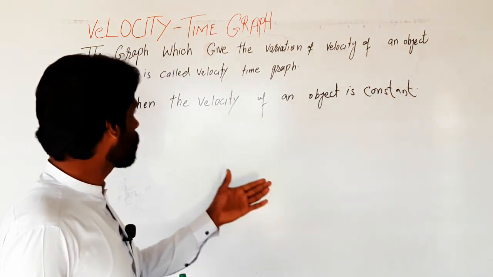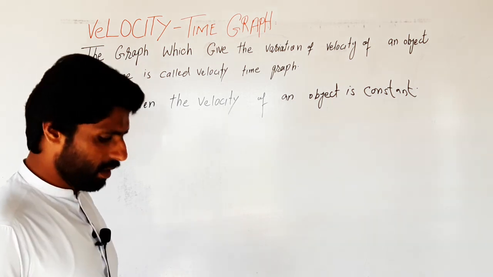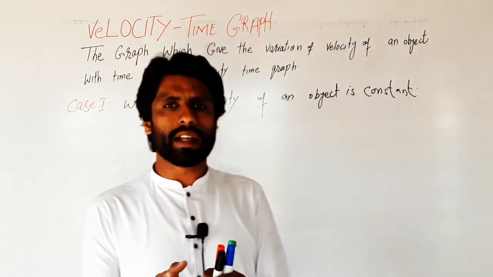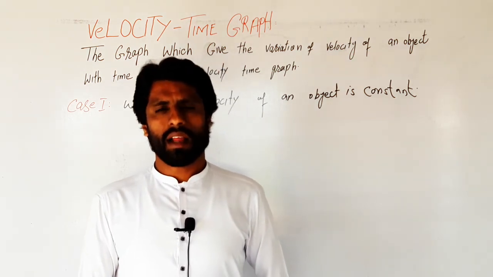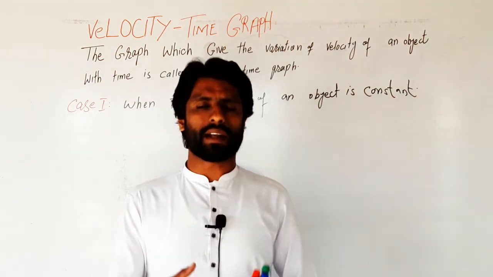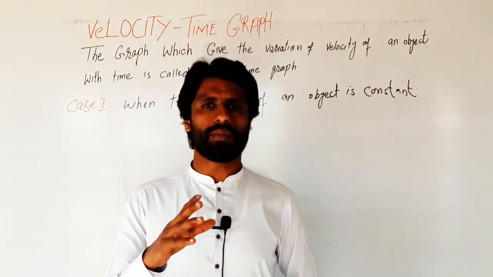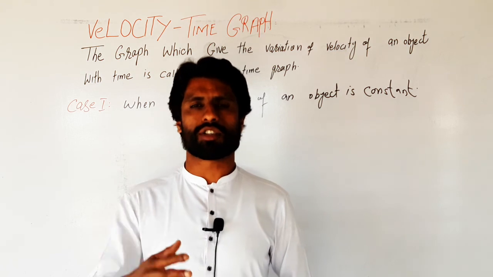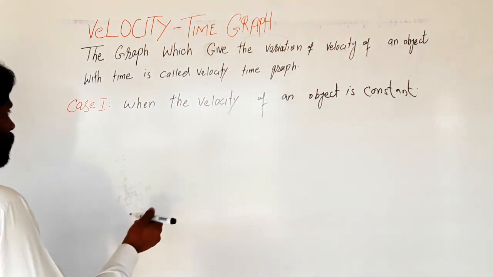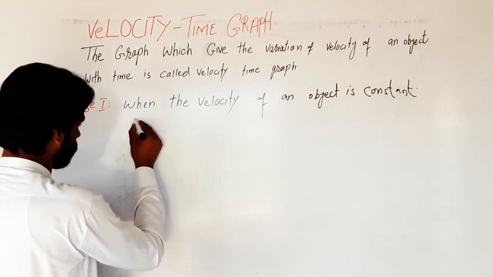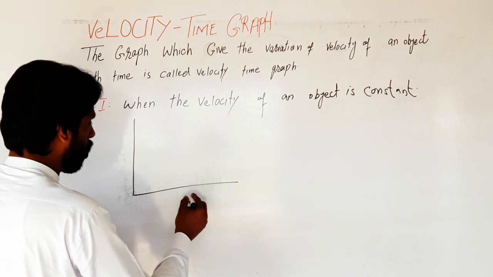Here we will discuss this case, when the velocity of an object is constant. It means that over equal intervals of time there is no effect on the velocity of the object. The velocity of the object remains the same, constant, with no variation. In this condition, we will draw a graph with x-axis and y-axis.